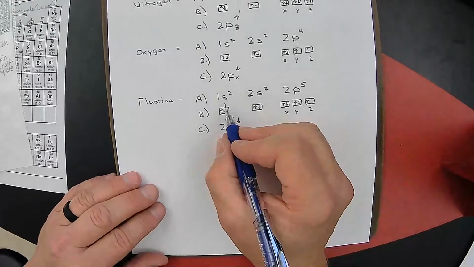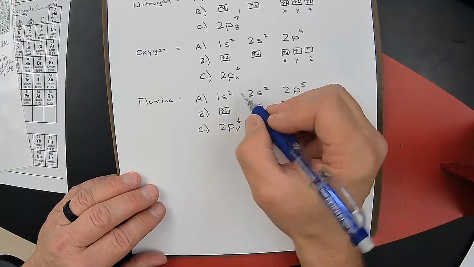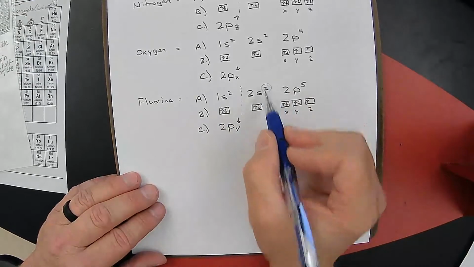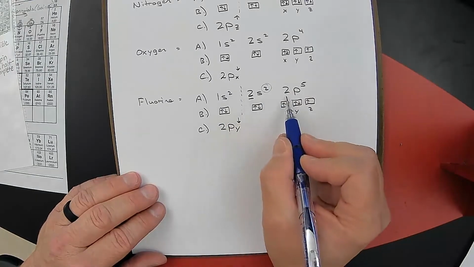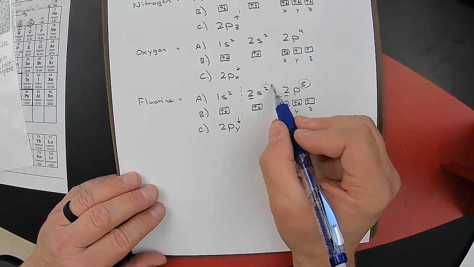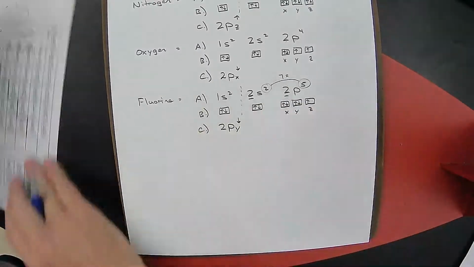So now between principal quantum number 1 and principal quantum number 2, I'm going to put a dotted line, and we can see that in the principal quantum number 2, there are 2 electrons here, 5 electrons here, which equals 7 valence electrons.